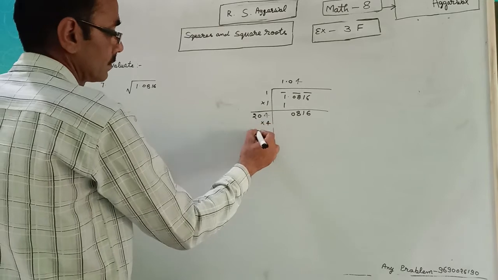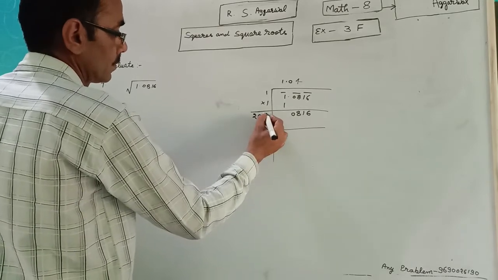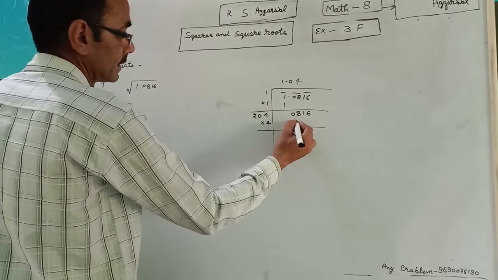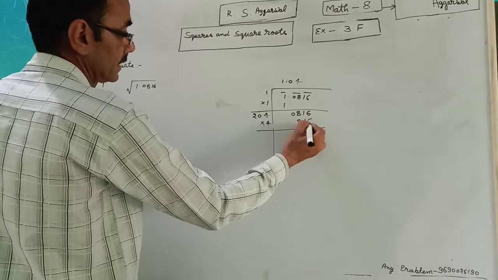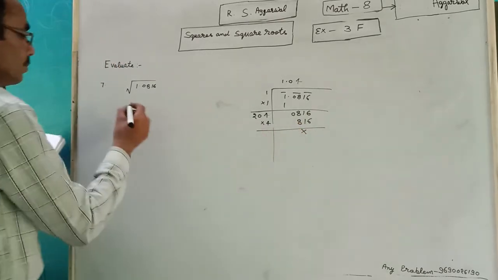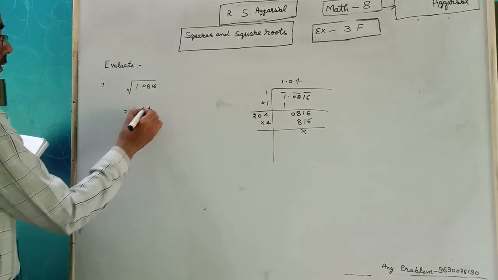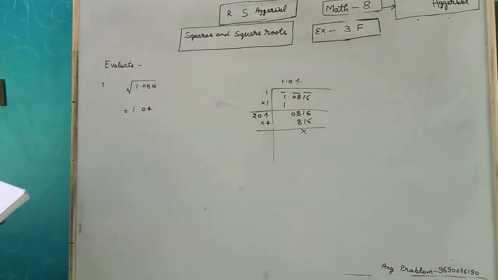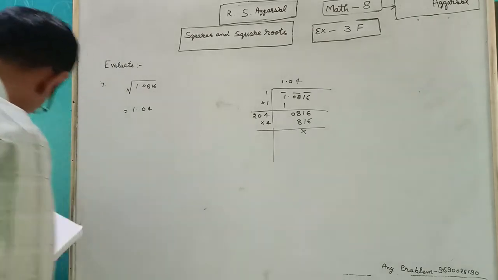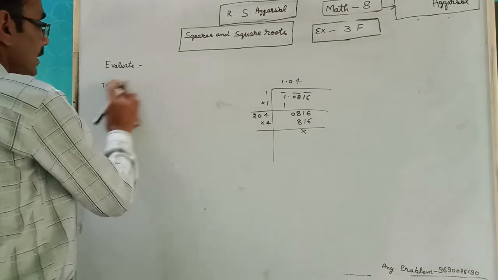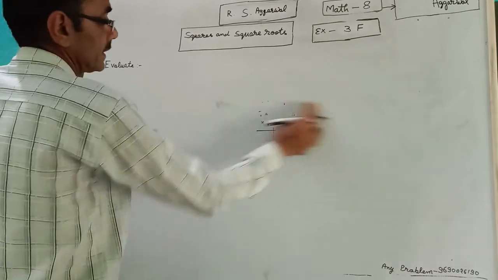Multiply by 4. 4 4 ja 16. 816. 1.04 will be square root of 1.0816.